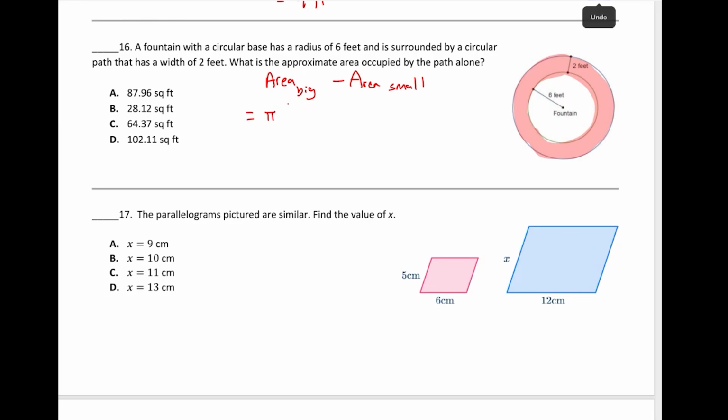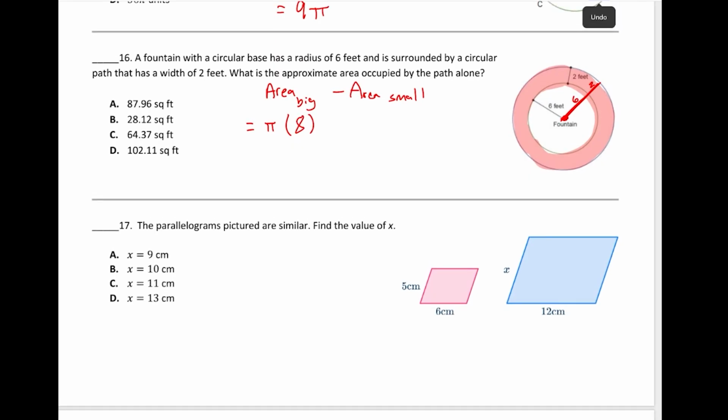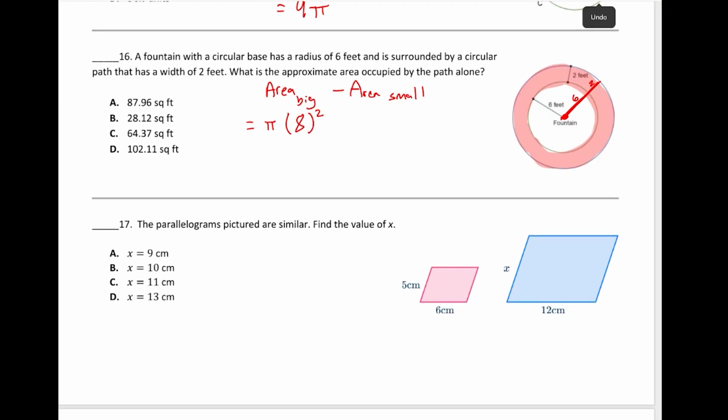So this would be pi times, now be careful, the radius of the big circle is not 2, it's 6 plus 2, which is 8. So pi times 8 squared minus pi times the radius of the smaller circle, which is 6 squared. So this would be 8 squared is 64 pi minus 36 pi.